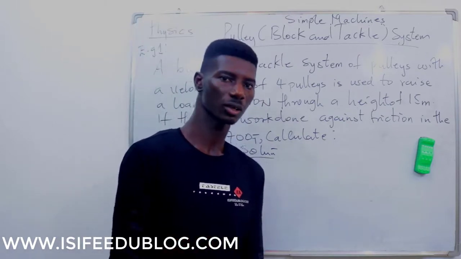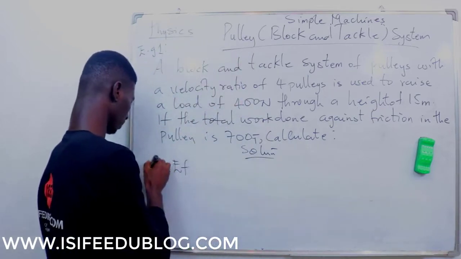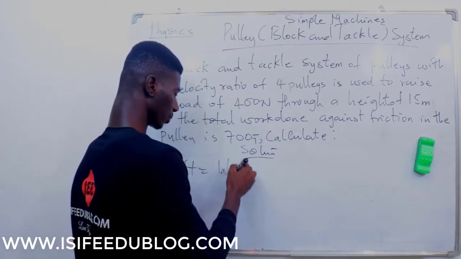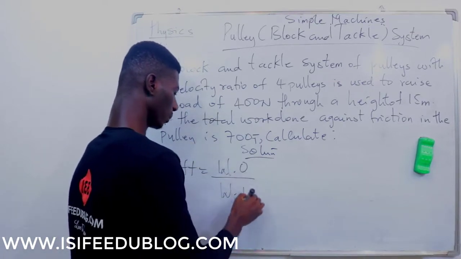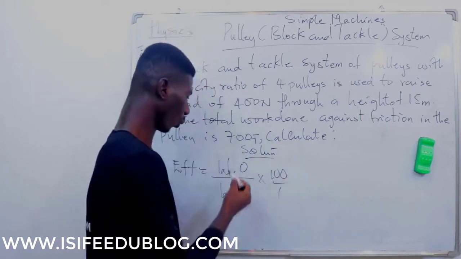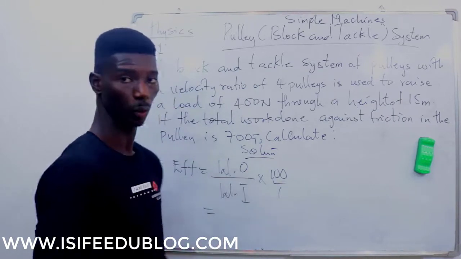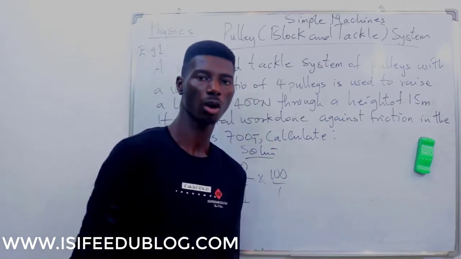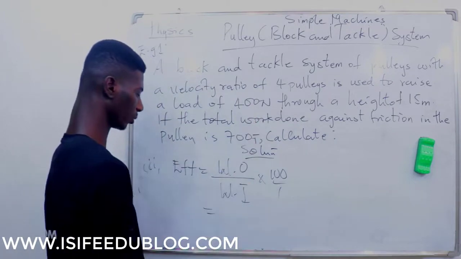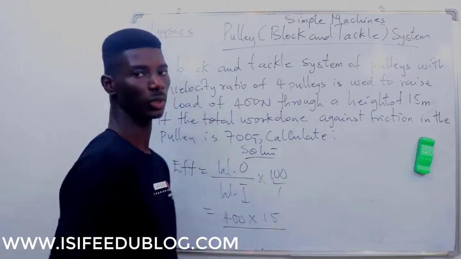So we are going to make use of the first formula, which says that efficiency is equal to work output over work input times 100 over 1. What is work output? The work output is the work done by what? Load. What is the work done by load? 400 times force times distance, 15, divided by, what is the work input?